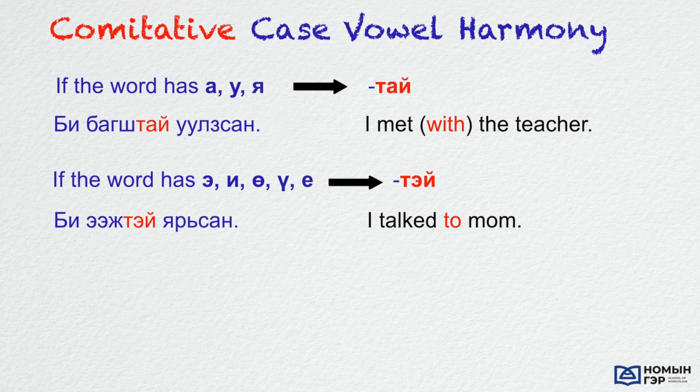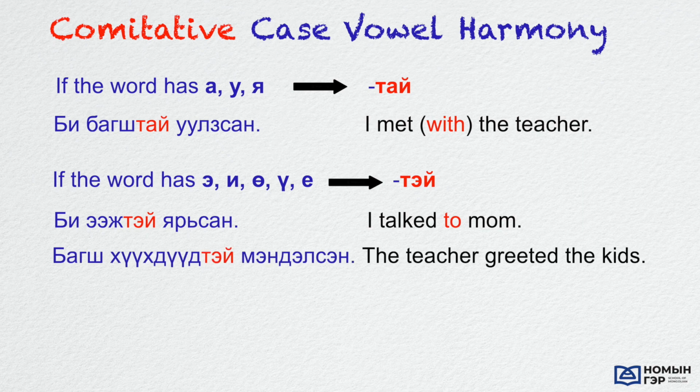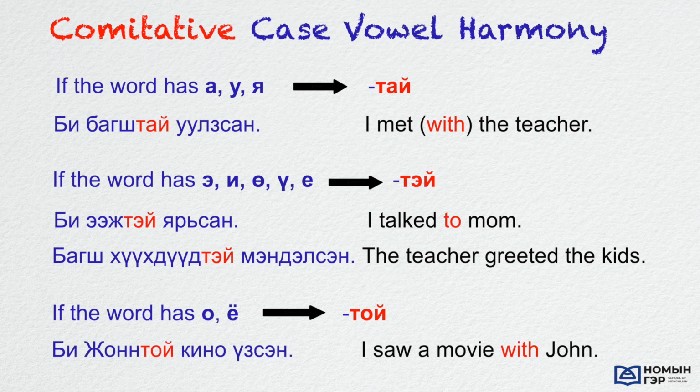For example, би ээжтэй ярьсан. Багш хүүхдүүдтэй мэндэлсэн. If the word has a, ya, tei is added. Би Johnтэй кино үзсэн.